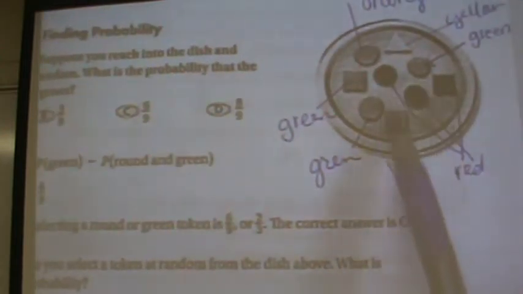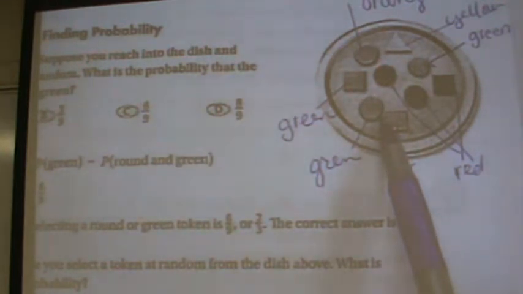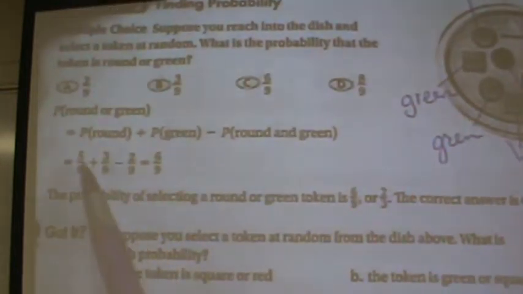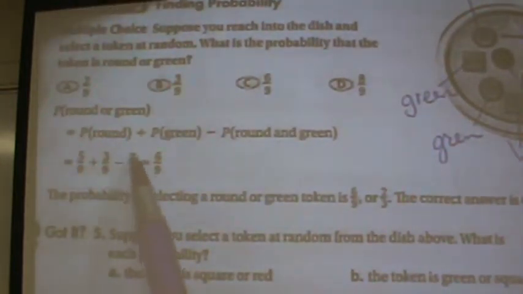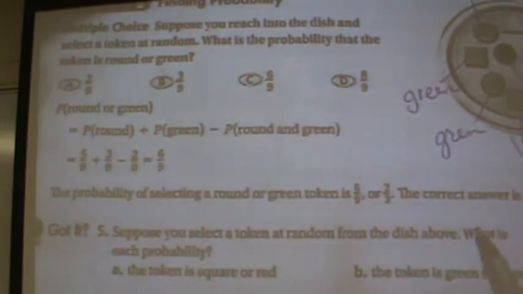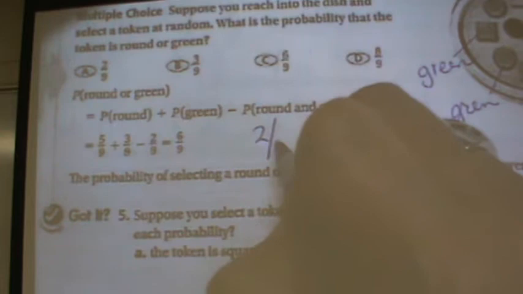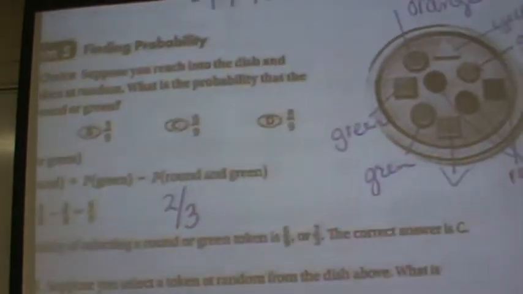How many are round and green? 3. No, 2. Oh, 2. This one's square and green. 2. So what is 5 ninths plus 3 ninths minus 2 ninths? It's 6 ninths. And then you can reduce it to 2/3. So what's the probability of picking a round or green? You do round plus green minus round and green.